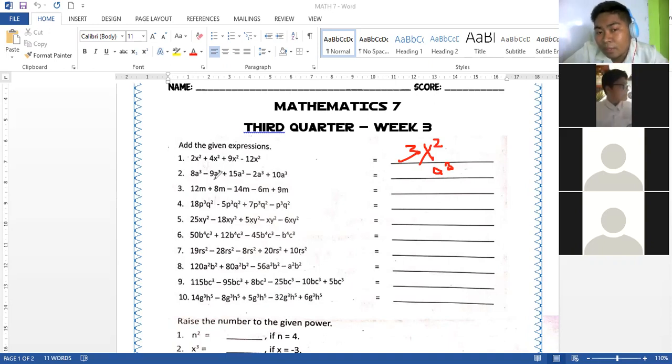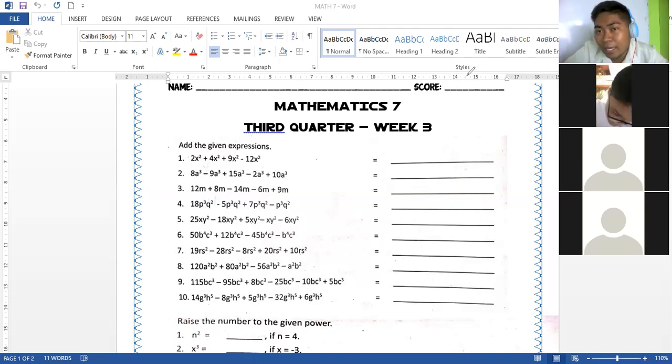Negative 1 plus 15, positive 14. Positive 14 minus 2, positive 12. Positive 12 plus 10, that would be positive 22. Ganyan lang siya, okay?